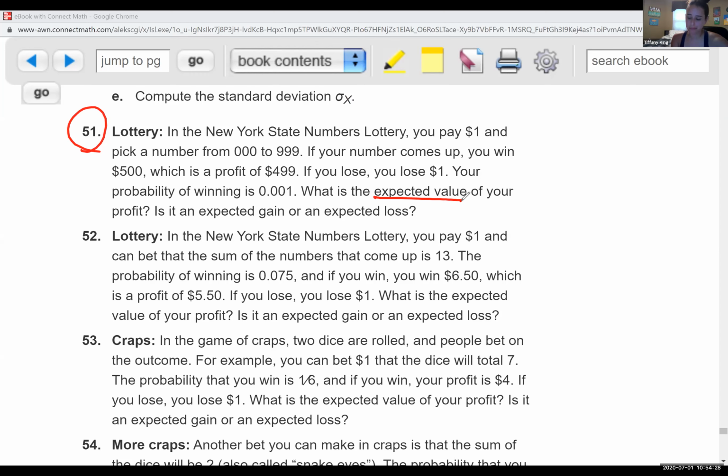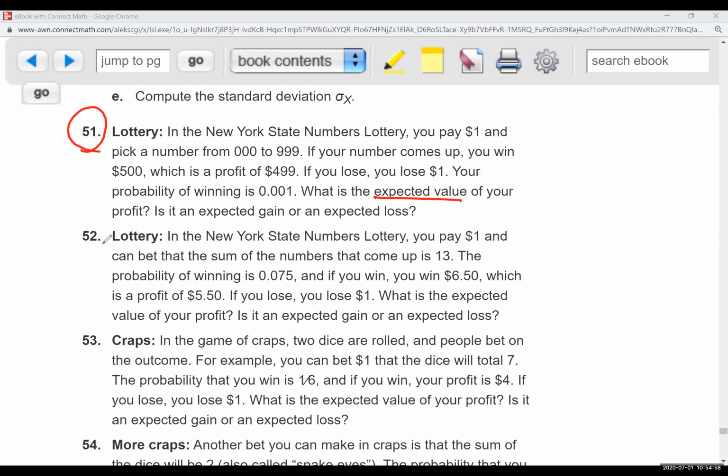How? So we have 0.001 chance of winning 499, so we multiply those. And then add 0.999 times -1, and then combine those. And that is a negative 0.5. Okay, so yeah, that is a loss.